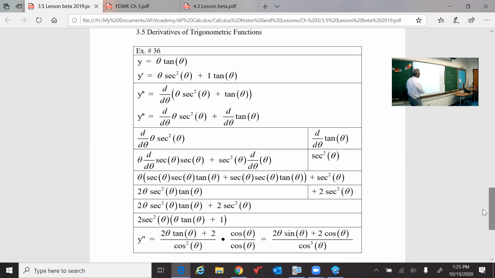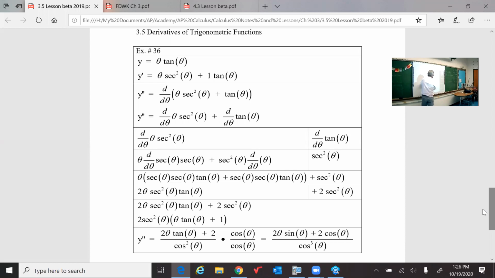What I got? The derivative of theta secant squared theta would be theta, the first term, times the derivative of secant squared, plus secant squared, the second term, times the derivative of theta. So I have this theta right here, times the first term secant times the derivative of secant, which is secant tan.